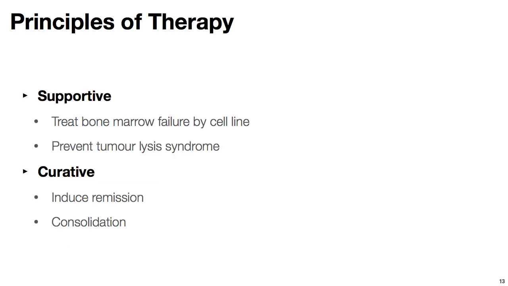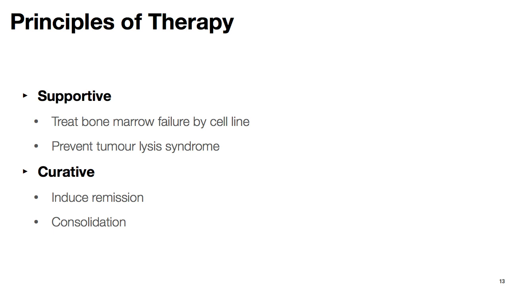So basically, therapies for these acute leukemias are primarily supportive, treating the complications of bone marrow failure, so blood products, antibiotics, etc. And also they're specific, either with chemotherapy, typically in combination, and also with stem cell transplantation, which may be curative.